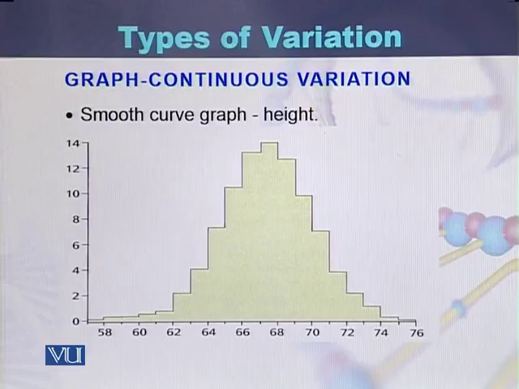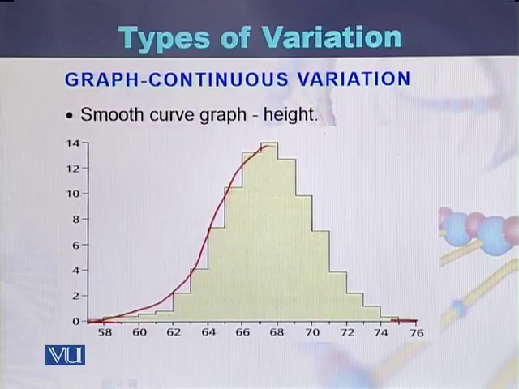If we try to make the graph of continuous variation, we can fit all the figures into a smooth curve, because there are several intermediates between two extremes. This is one extreme, this is the second extreme. We can make a smooth graph because there are many intermediates between the two extremes.